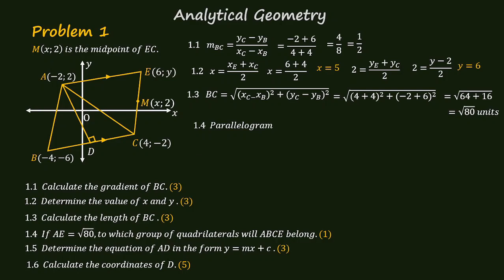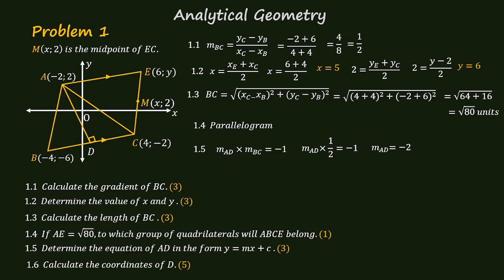In other words, the gradient of the straight line AD multiplied by the gradient of the straight line BC will give us -1. We already have the gradient of the straight line BC, which we calculated there to be 1/2. So if we substitute, we can find the gradient of the straight line AD, and that is -2.